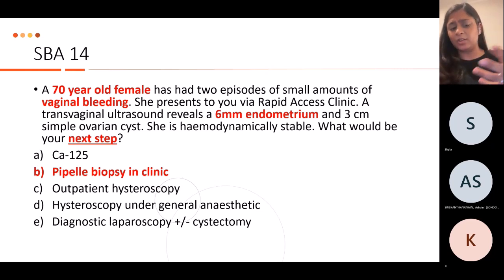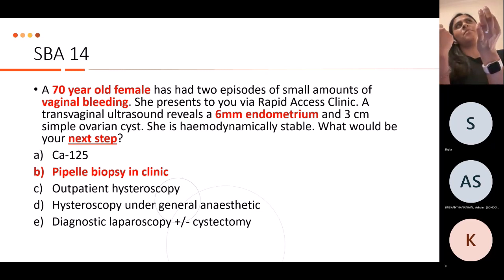So really, the best option is to do a pipelle biopsy in clinic, which if you haven't seen, it effectively looks like a straw, with I guess an extra aspect to it, which effectively creates a vacuum.